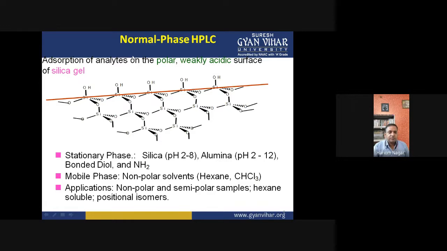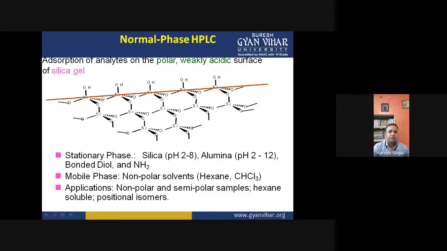In this method, there is adsorption of the analyte on the polar, weakly acidic surface of silica gel. Basically, in the HPLC method we use a liquid mobile phase and a solid stationary phase. If the solid stationary phase has more polarity than the liquid mobile phase, then here the structure of the stationary phase is given.